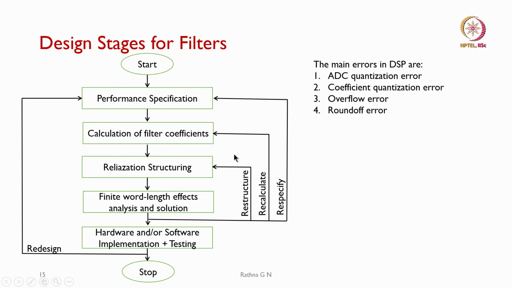So, what are the design stages for our filters? We are going to start by specifying the performance, and then we will calculate the filter coefficients using MATLAB, where it can be either an FIR filter or an IIR filter, and then we have to define the realization structure we want.